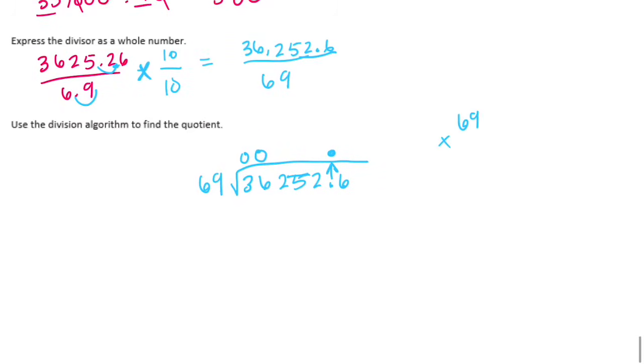Let's try, we already know our estimate's 500, so I'm going to try like 4, 5, or 6. Let's try 5. 9 times 5 is 45, carry the 4. 5 times 6 is 30, plus 4 would be 34, 345. Yep, another one would be too big.